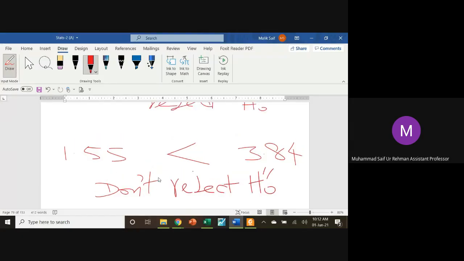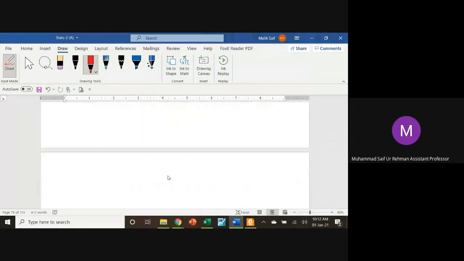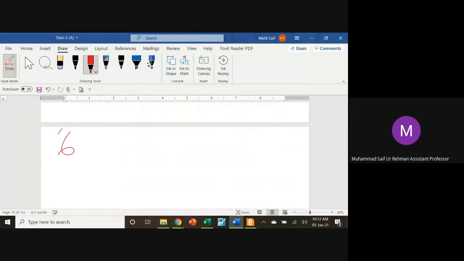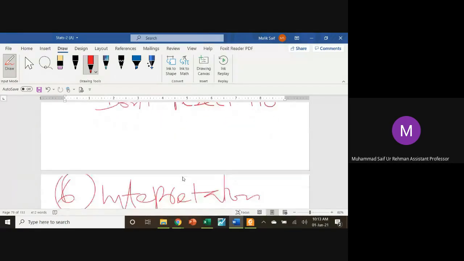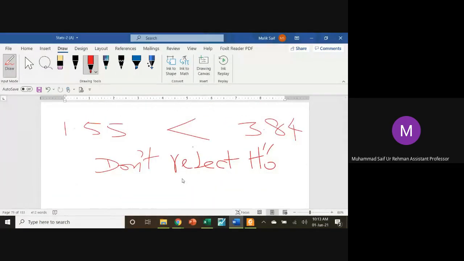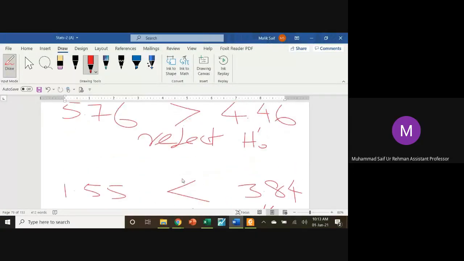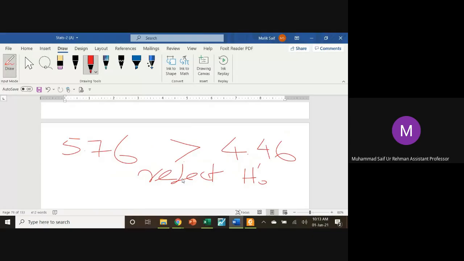Okay. So what this means, in the sixth step, you will write down the interpretation. What will be your interpretation? You are going to reject H naught bar. And what was H naught bar?